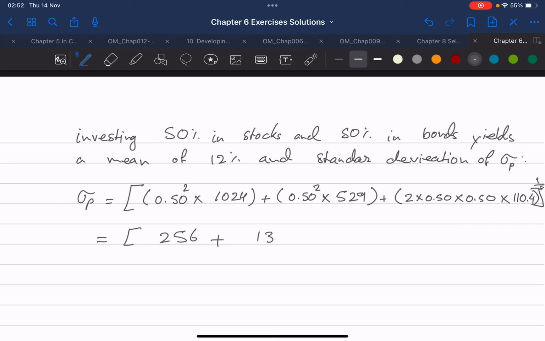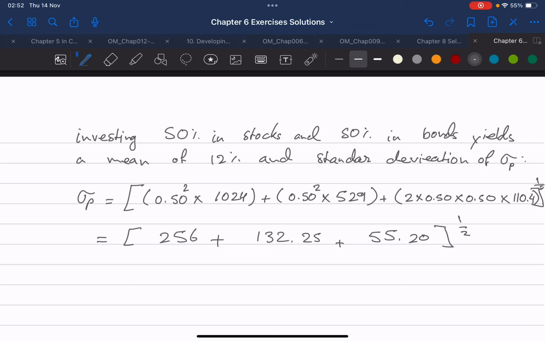That would be 132.25 plus 2 multiplied by 0.5 multiplied by 0.5 multiplied by 110.4. That would be 55.20, all to the power of 1/2.